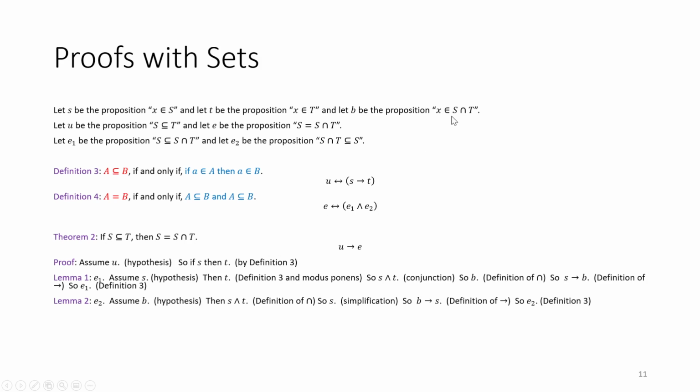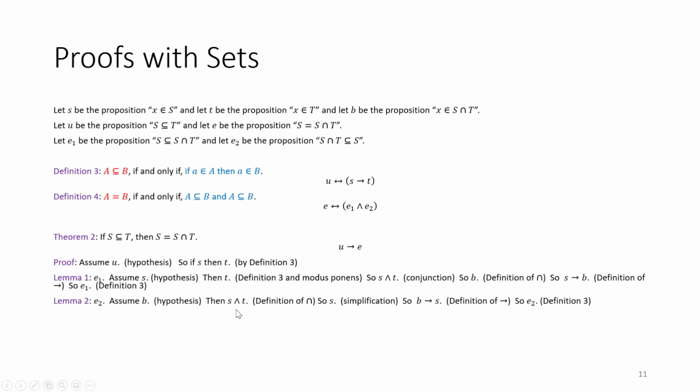Then if X is an element of S intersect T, by the definition of intersect, that means now S and T. And that was, again, we've followed that same bridge, the definition of intersect, backwards. Here we went one direction, here we're just going the other direction. We went going from B to S and T.